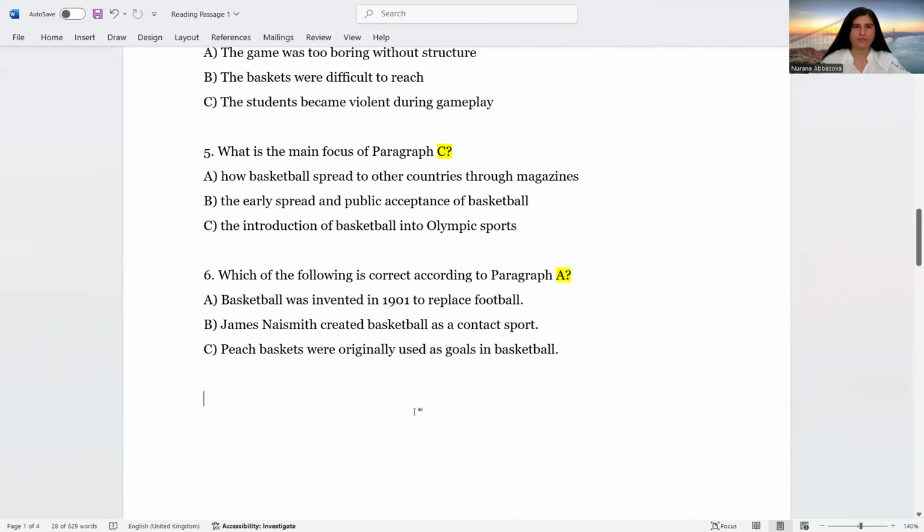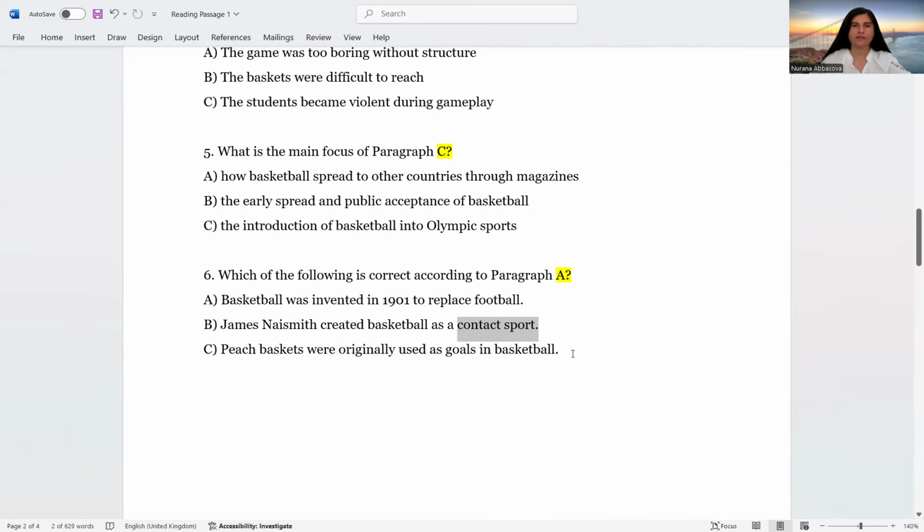Yes, okay. So now I have enough information about it. I will go to question 6 and read the answers. Basketball was invented in 1901 to replace football. I didn't read it. James Naismith created basketball as a contact sport. Is it a contact sport? I didn't read anything like contacting something or contact sport.